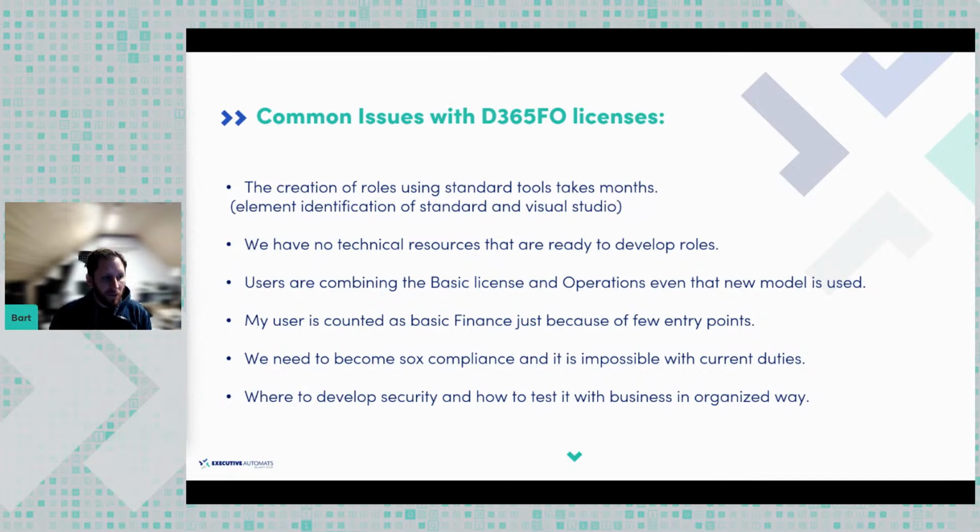That's the plan, but we haven't heard about the exact time and date when we're going to expect that. So now, if you have a situation where the operations license is in play, you have to make a guessing game about which area it is placed in. If it is SCM, you have to assume this is going to be SCM and count one more license for SCM or finance, basic SCM, basic finance in the specific area, because the standard system doesn't give you this functionality.